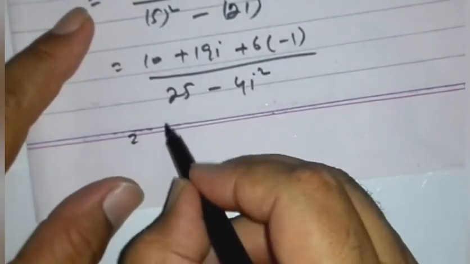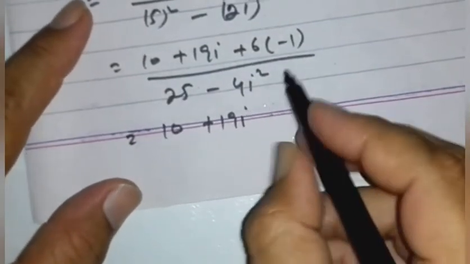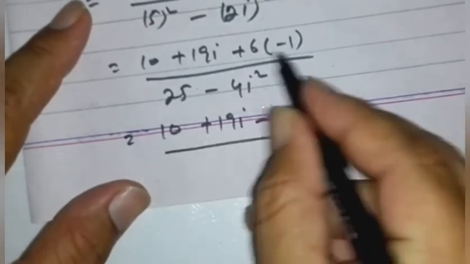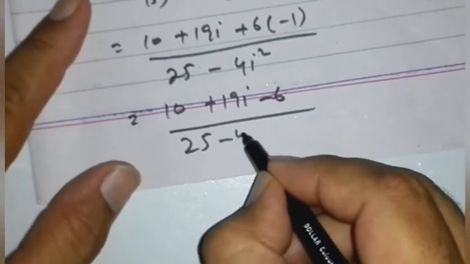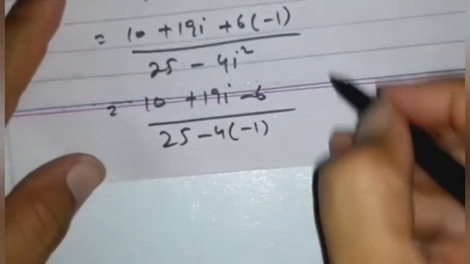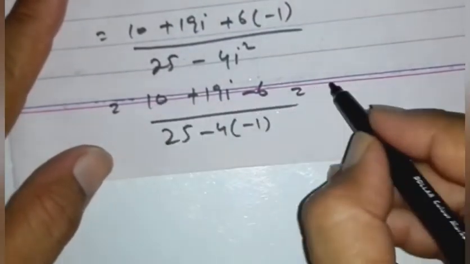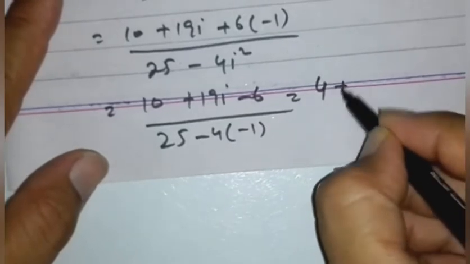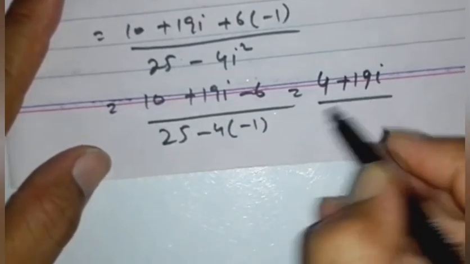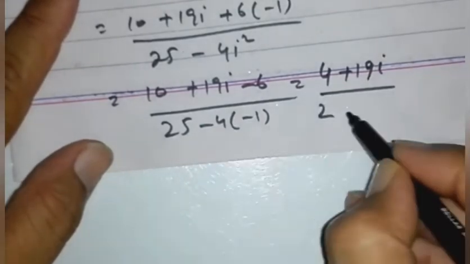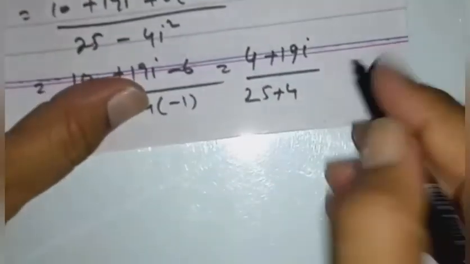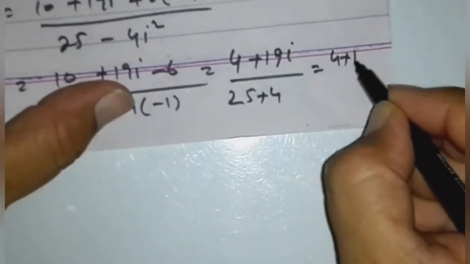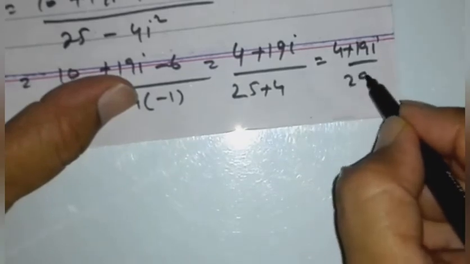Now look, we can write it 10 plus 19 iota minus 6, and here we get 25 minus 4, and the iota square value is minus 1. So further we can write it 10 minus 6, we get 4 plus 19 iota divided by 25 minus into minus plus 4. So further we get 4 plus 19 iota divided by 29.